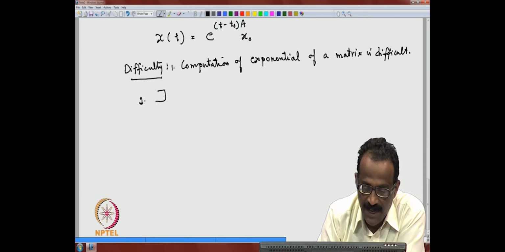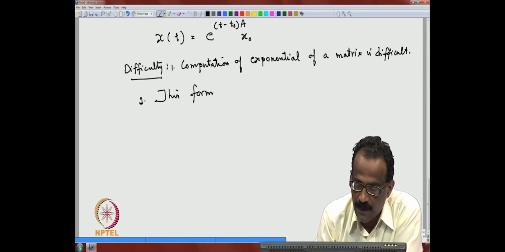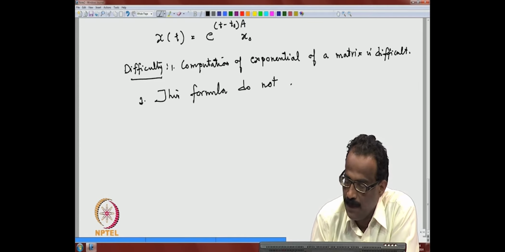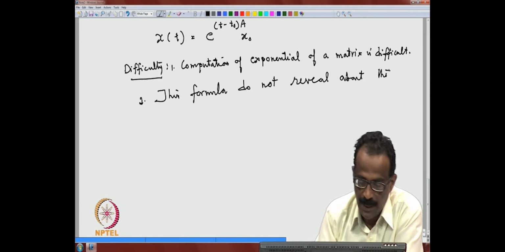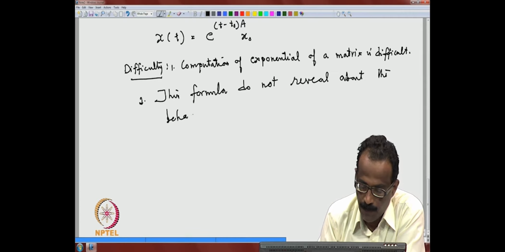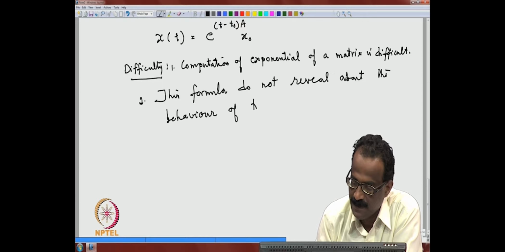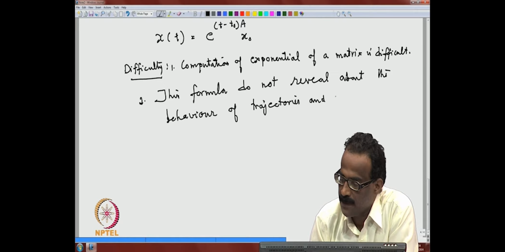So, the second difficulty is that this formula does not reveal the behavior of trajectories and equilibrium points, which we are going to study.